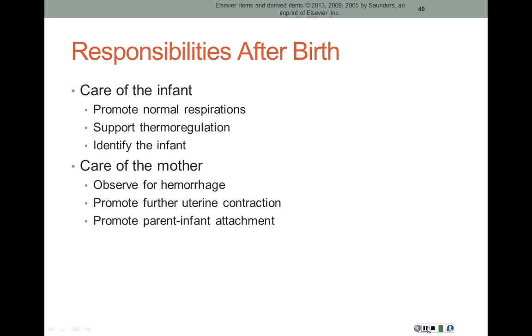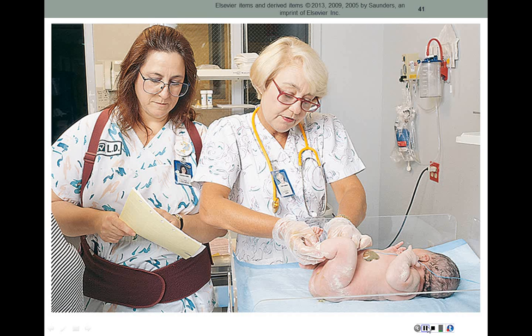This is why OB content is not heavy on the NCLEX, because this is considered a specialty. And this is just showing, baby's been born. You can see this is a newborn. They've attached a heart monitor.